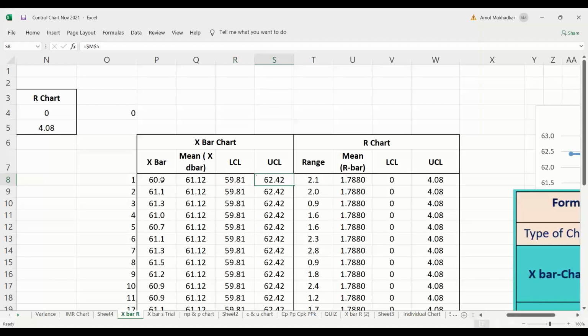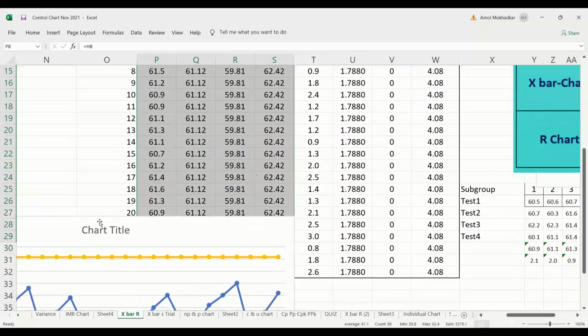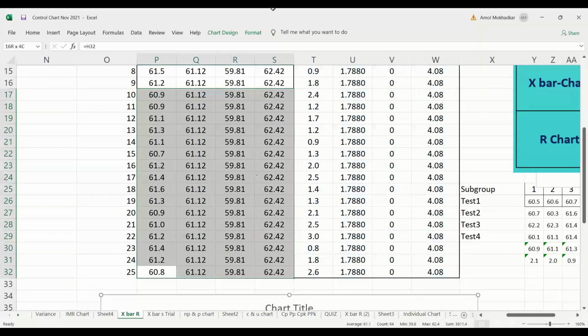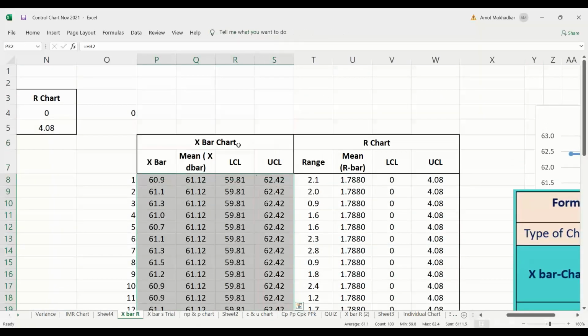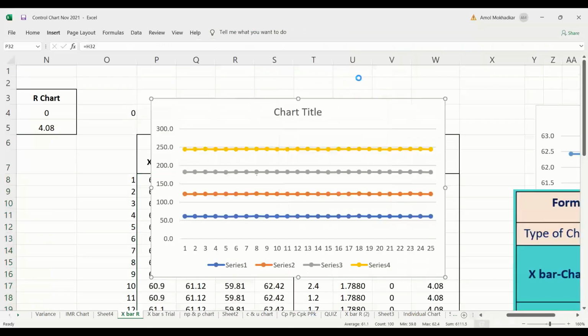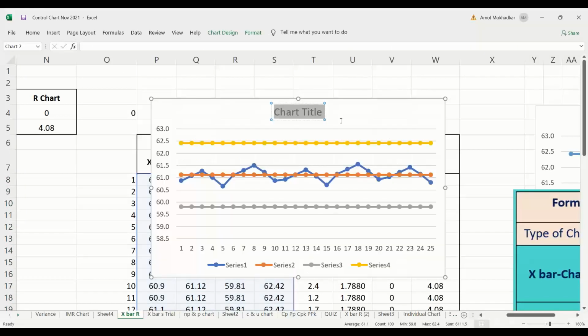You need to make a graph. Simple thing, you just select all these values, all 25 values. We go to Insert, we make the graph. Okay, this is our X bar chart, and then we have to make the range chart.